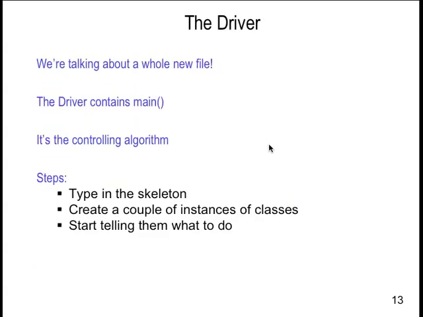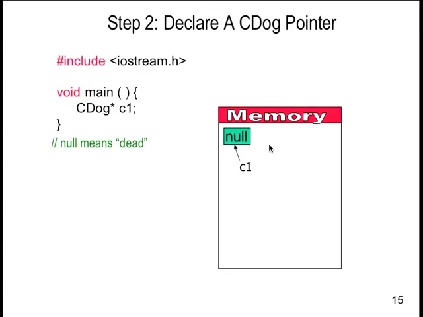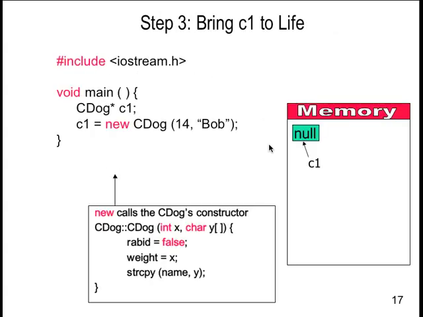Designing the constructor, the driver. We went through an example that used pointers, actually, in terms of creating objects without using the keyword new. Instead, we used pointers to create. And then we learned about new. And in this particular example, we did both. We created CDog C1, and we created C1 equal to new.